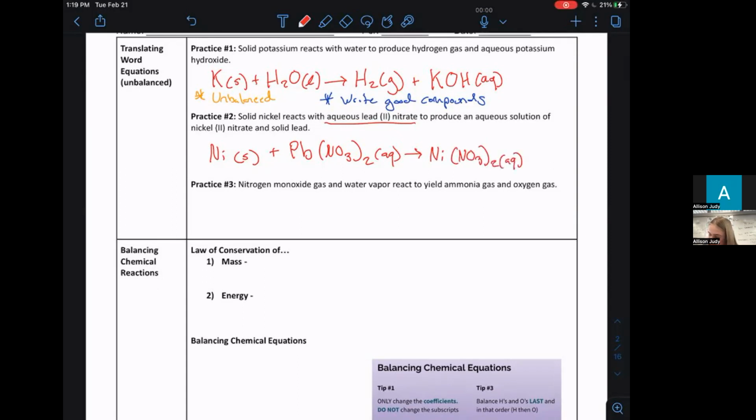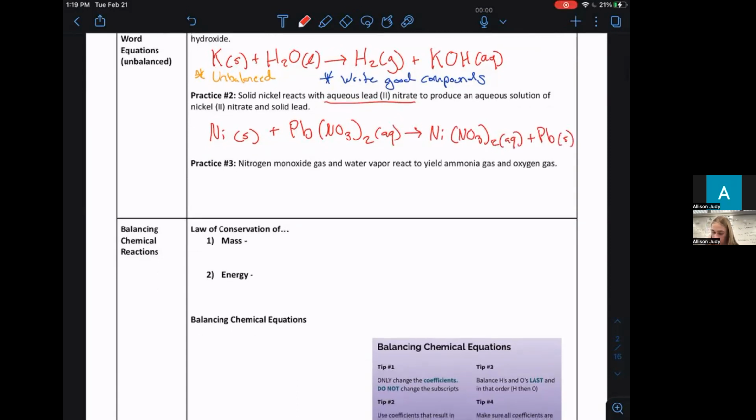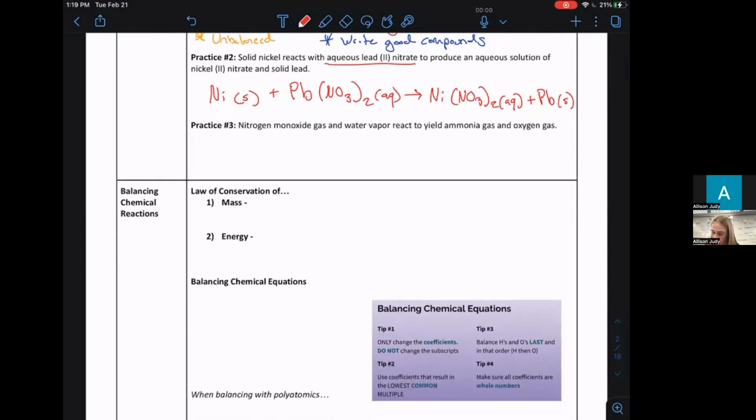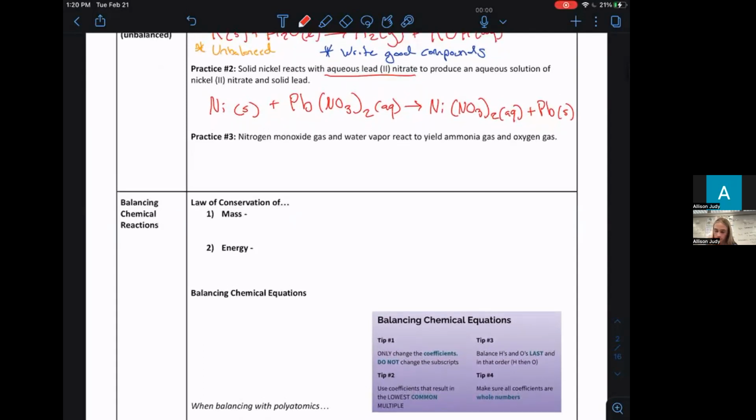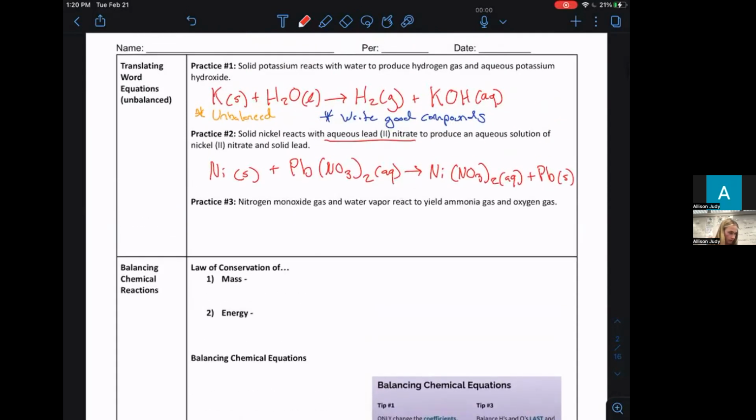Aqueous once again, and solid lead. So in this case, we would have the lead precipitating out of the aqueous solution. I believe I have got everything I needed there. This is also still unbalanced.